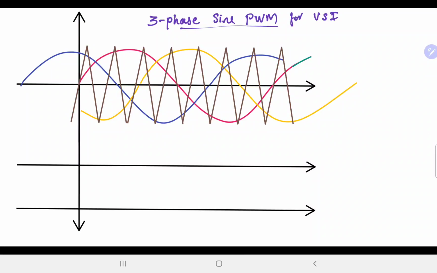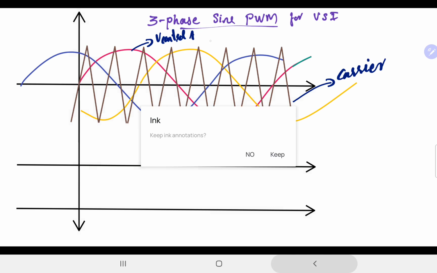Now we look at the three-phase sine PWM for the voltage source inverters. As I said, we'll have one triangle, one carrier, and three modulating waves. So this is V control of A phase.